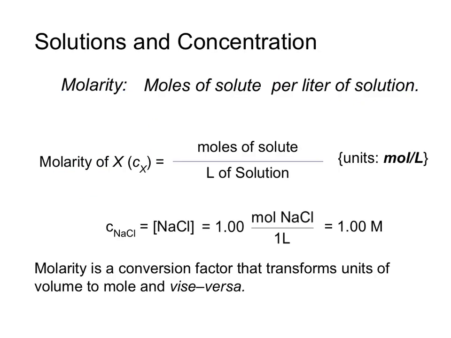One of the primary methods of measuring concentration in chemistry is by the use of molarity. Molarity is equal to the moles of our solute per liter of our solution. And it's a very easy calculation. All we have to do is take our moles of solute and divide that by our liters of the solution.